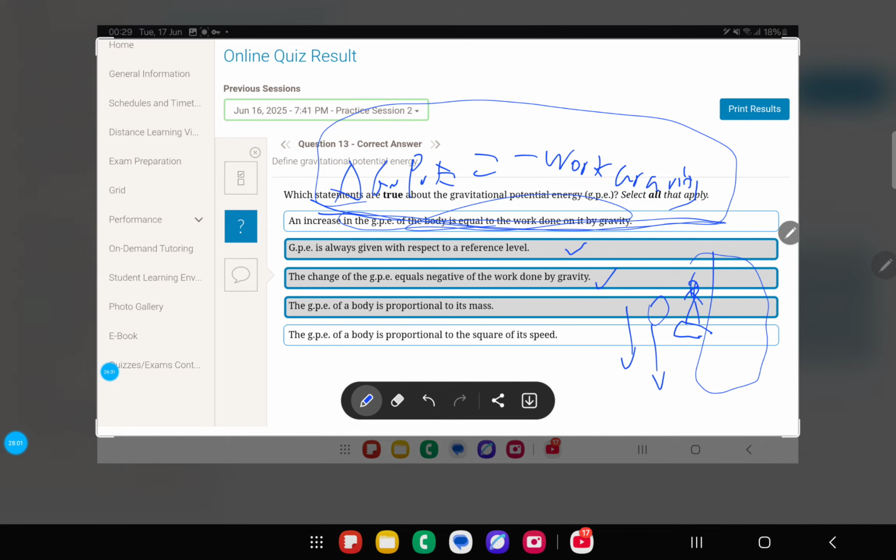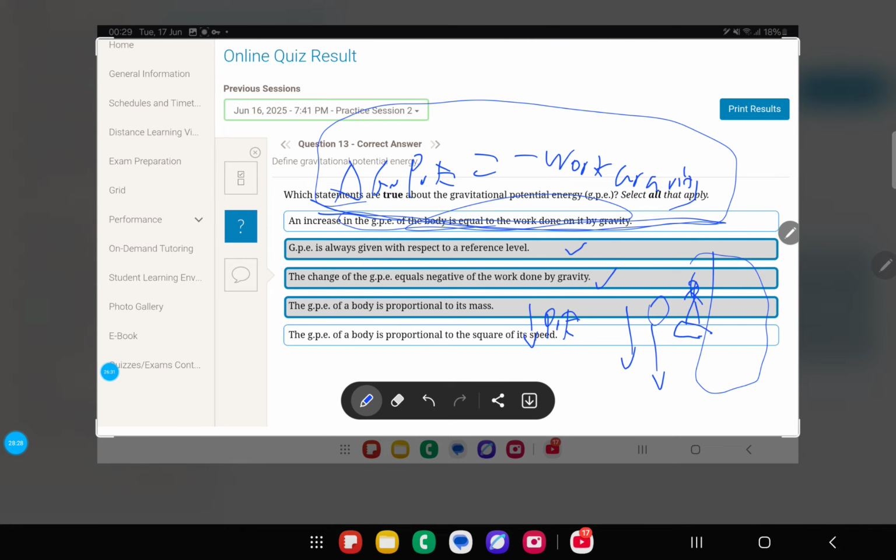Direction of motion is down and gravity is down. So now, this is positive mgh, of course. But what we're looking for is the effect it has on the potential energy. Here it's positive mgh, right? But here it's losing potential energy.